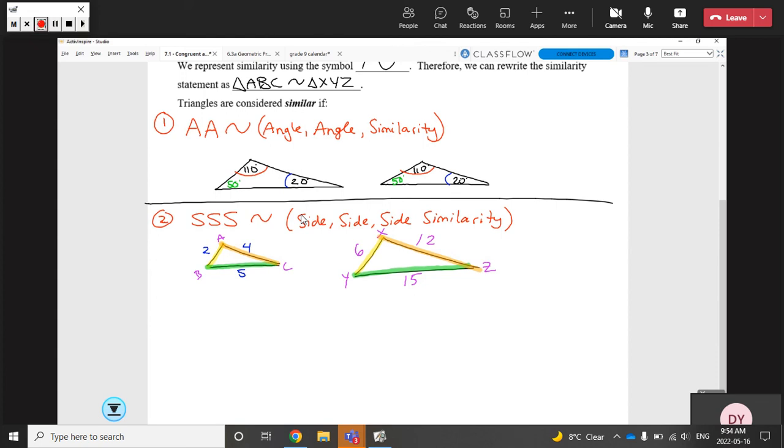Okay? So what we want to do is set up our corresponding side length ratios, which sounds like a lot, but all it is this. So we'll do the small triangle on the top, and we'll do big triangle on the bottom. I'm going to keep that there, just so I know what's what. So we have AB, and AB corresponds with XY.